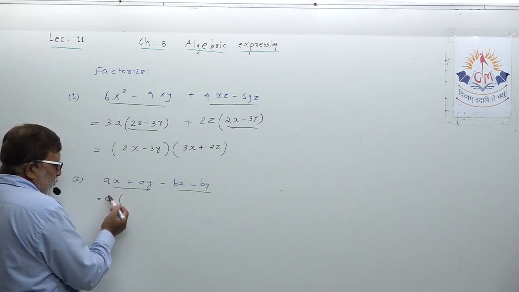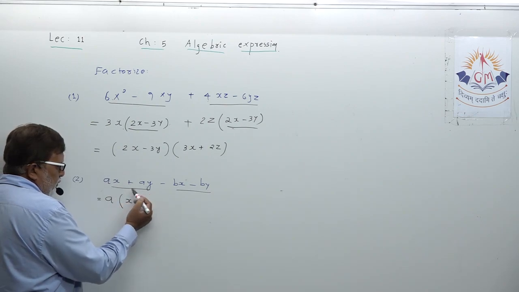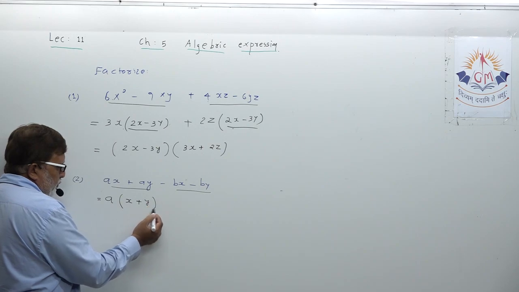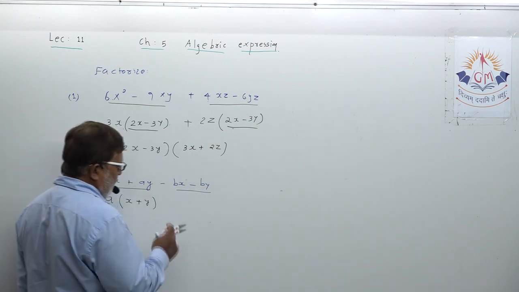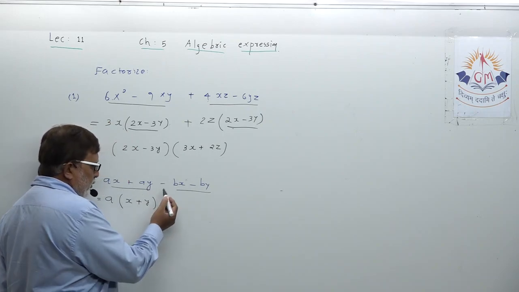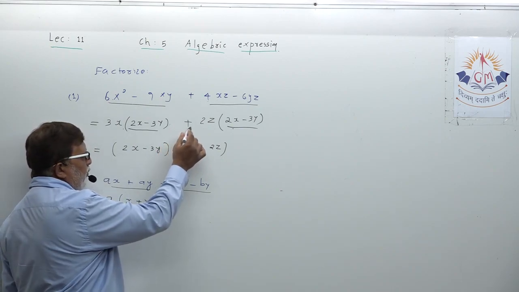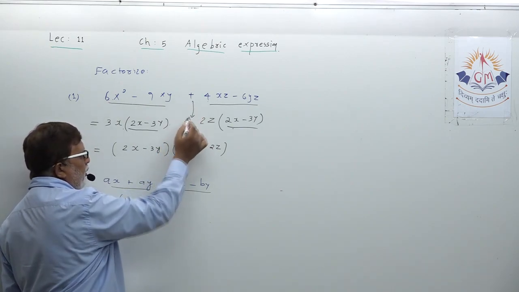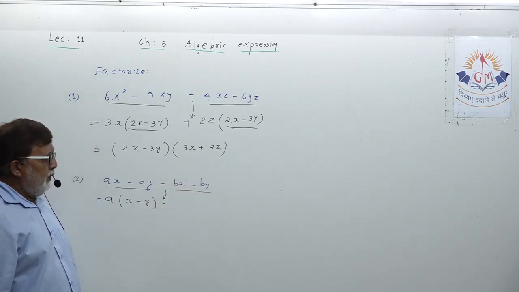From Ax, A is common. What is left, dear student? X plus A common, Y left. When you are taking out common from the last two terms, what is the sign here? Minus. So minus. See here plus, so we have taken plus. Okay. Here minus, so we have to take minus.